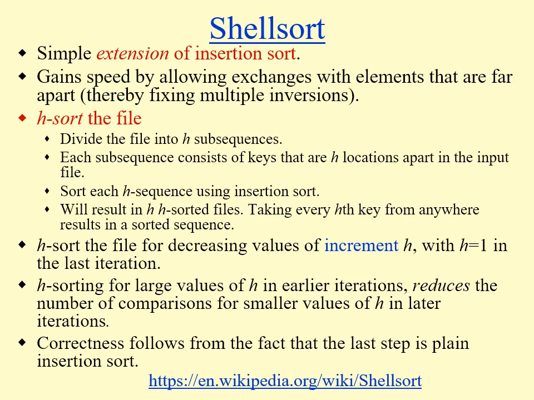We just reduce h, and each time we make the sequence more sorted. For example, we first use 5: every 5 elements we sort a number sequence, jumping 5. After that, we reduce it maybe to 3, and then to 1.